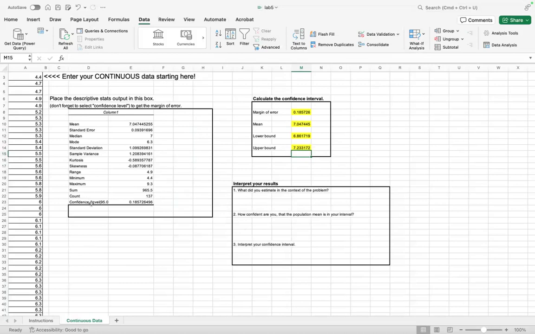Because my confidence level is 95%, I am 95% confident because that's what I chose for my confidence level. The final one: interpret my confidence interval. This is where you write your conclusion. I'm 95% confident that the actual mean earthquake strength in the world is between 6.86 and 7.23 on the Richter scale. So the bottom is just you writing your conclusion.